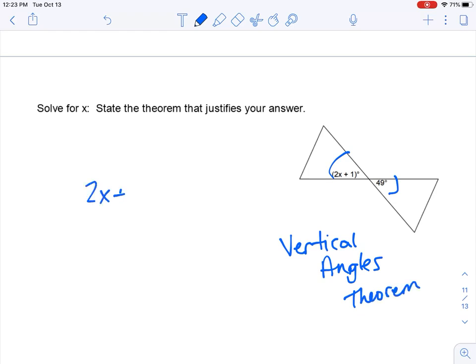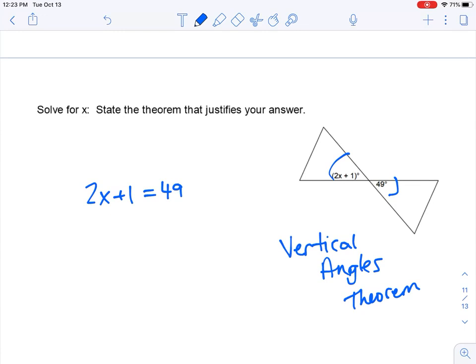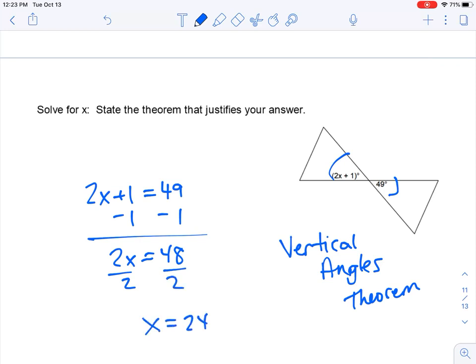So I have 2x plus 1 equals 49. I solve and x equals 24.